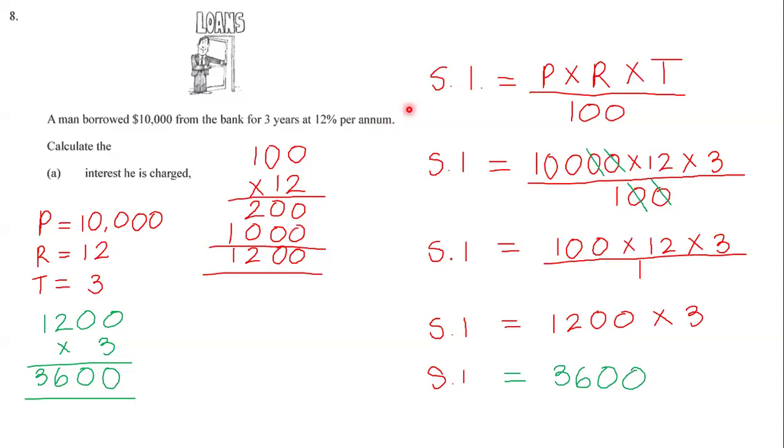Okay, so now the next question is B. We want to figure out the total amount of the loan. If you want to figure out the total amount of the loan, what will we do?